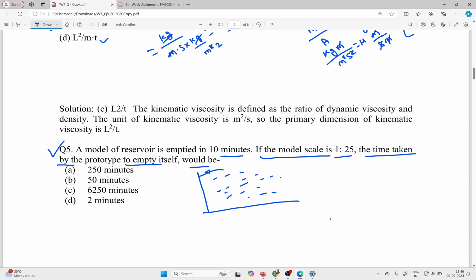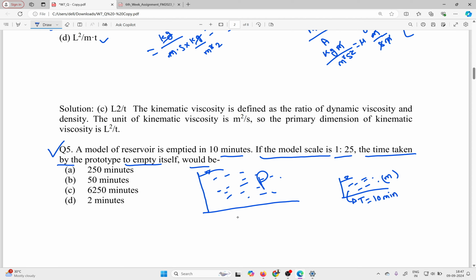This is the prototype. For the model, it will be very, very small, with water on this side. So this is the model. In the model, the time taken to empty the reservoir is equal to 10 minutes.